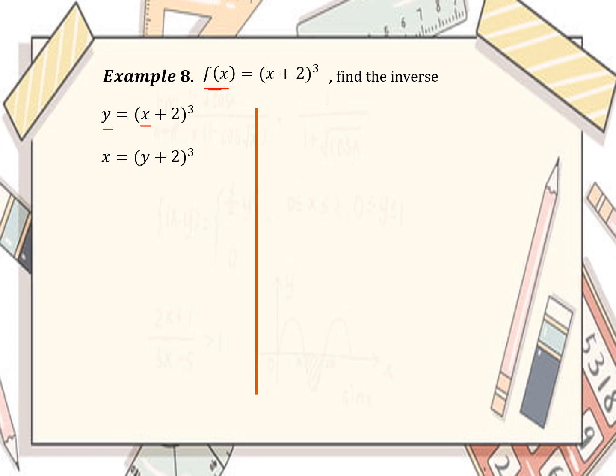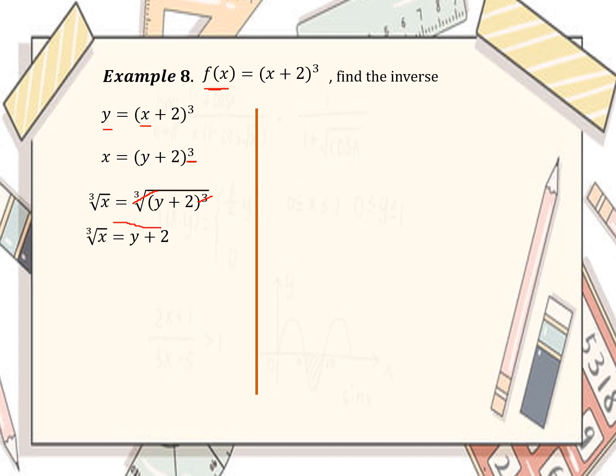So, para ma-eliminate natin yung exponent na 3, pwede tayong gumamit ng cube root both sides para ma-cancel yan. So, ang matitira na lang yung nasa loob ng ating radical sign. So, bring down natin yan. So, ang magiging equation ay cube root of x is equal to y plus 2.